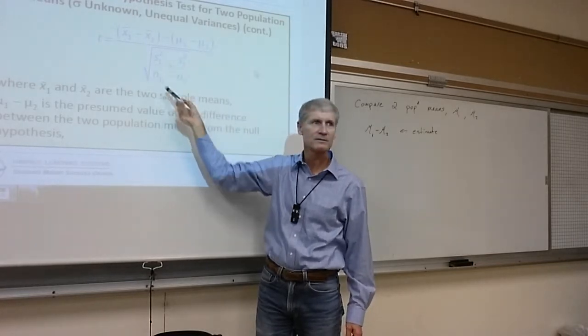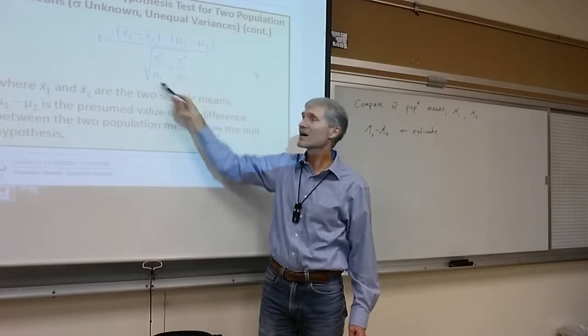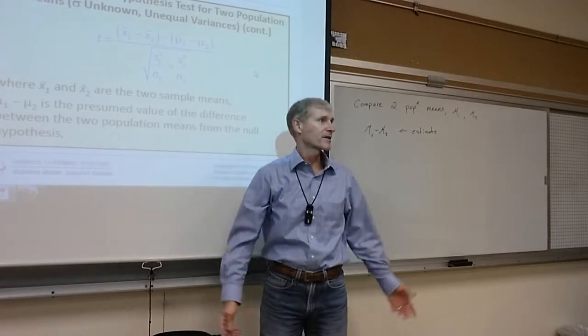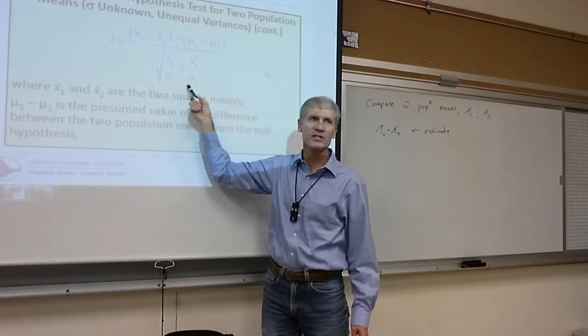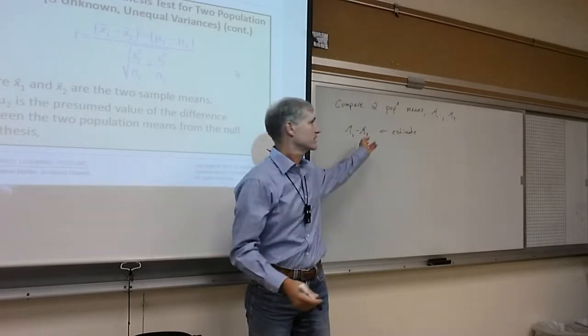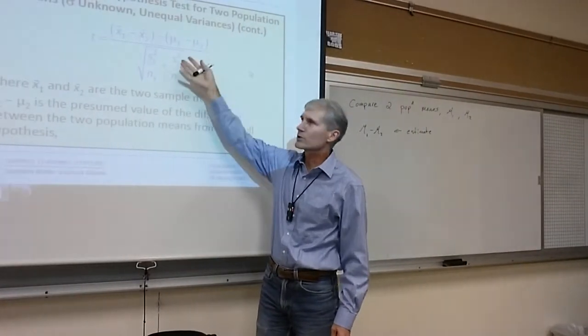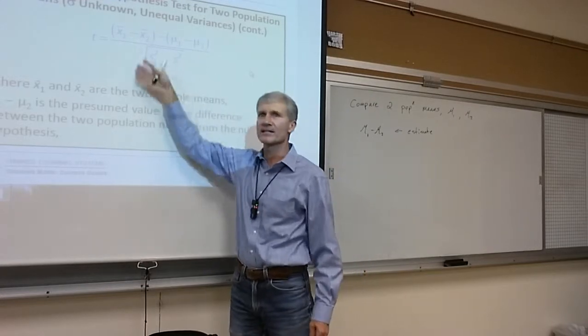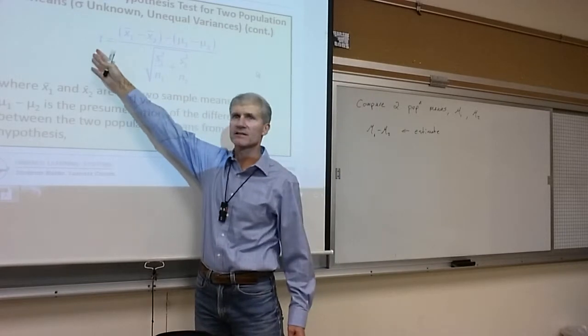Divided by what? What's this thing on the bottom? Standard error. Standard error of this difference. You had this exact same standard error when we did confidence intervals for difference in two means. Right? So it's the same thing that you've seen before, and now we're just forming a standardized score out of it, like a z-score, only we call it t because it's a t-distribution.